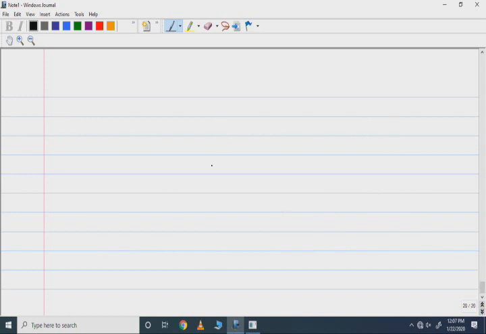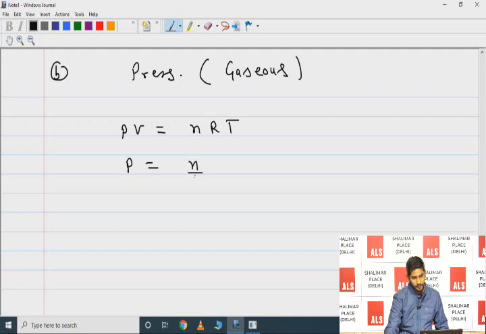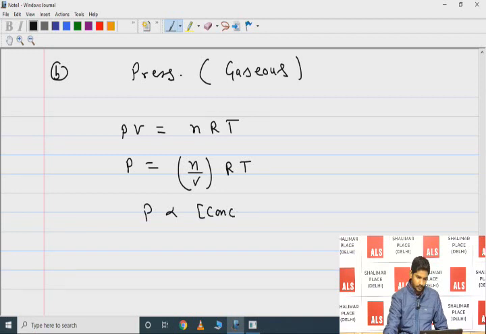Next, B, pressure. Means this time we are talking about the gaseous reaction. We know that PV is equals to nRT. So P can be n by V RT. So what can I say, that pressure varies directly with the concentration.